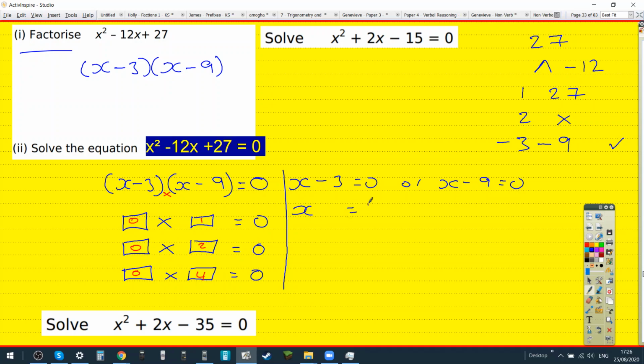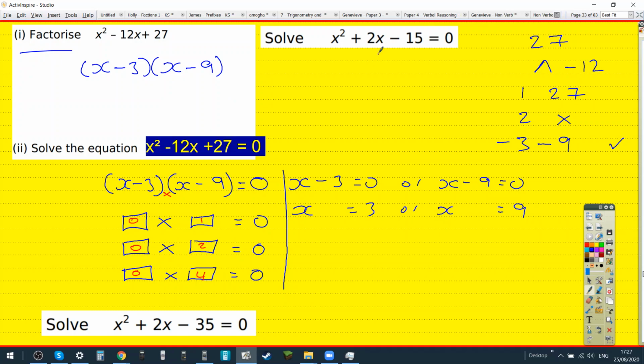So if you bring it to the other side, x is 3. Or for the other one? 9. Yes. And so the way you solve a quadratic equation, one way to do it is you can factorize it and say either the first bracket must be 0 or the second bracket must be 0. We don't know which, but one of them must be 0, because any two numbers multiplied together making 0, at least one of them has to be 0.